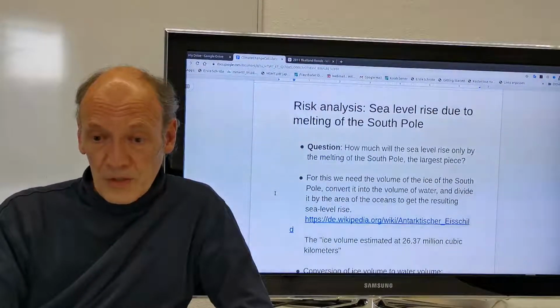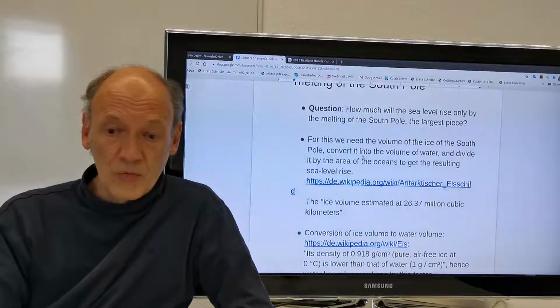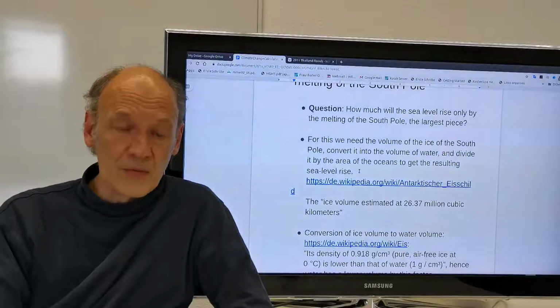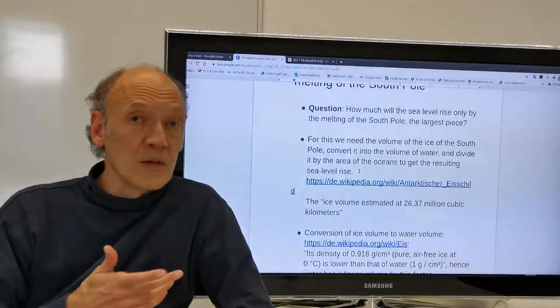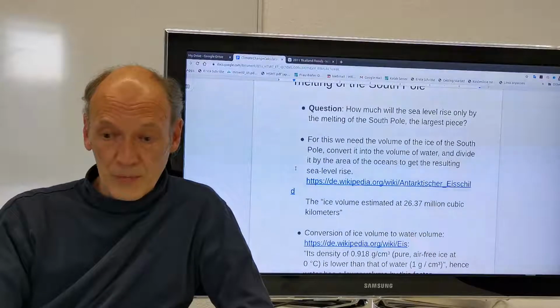So for this we need the volume of ice of the South Pole converted into the volume of water and divided by the area of the oceans to get the resulting sea level rise. Basically the same approach that we just took for the meltwater.